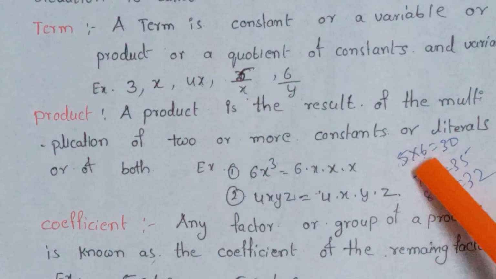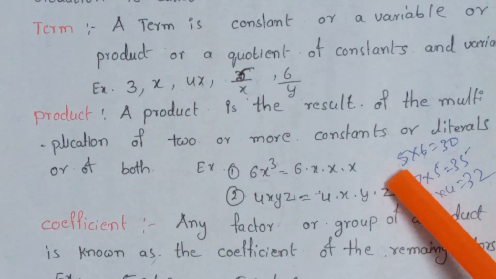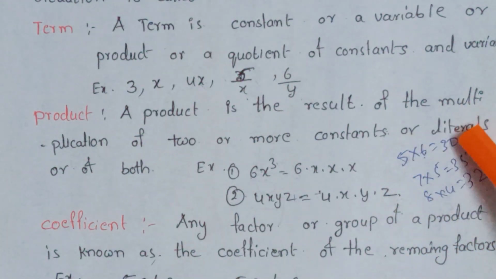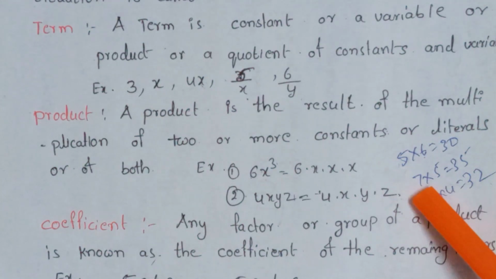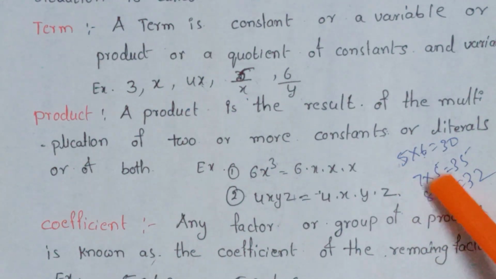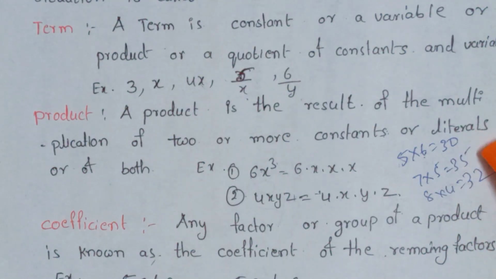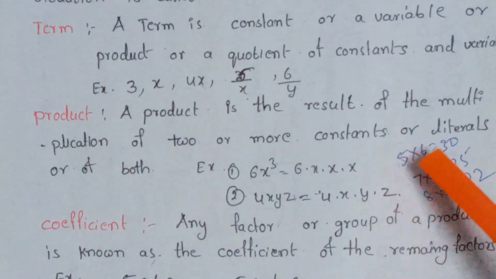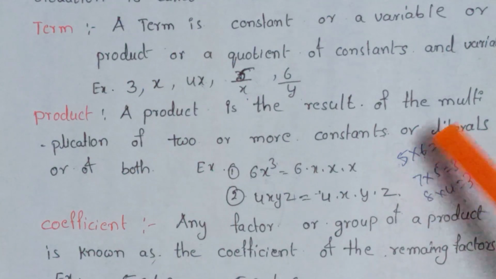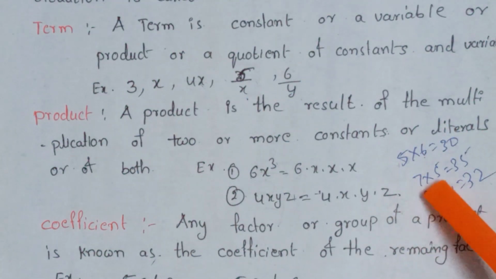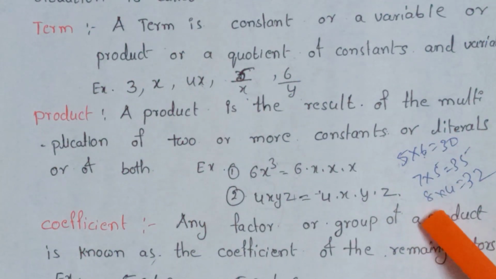For example, 5 times 6 is 30. 5 and 6 are factors, 30 is the product. 7 times 5 is 35. 7 and 5 are factors, 35 is the product. 8 times 4 is 32. 8 and 4 are factors, 32 is the product.